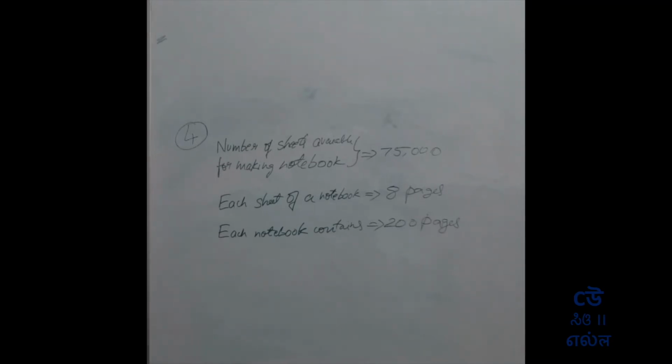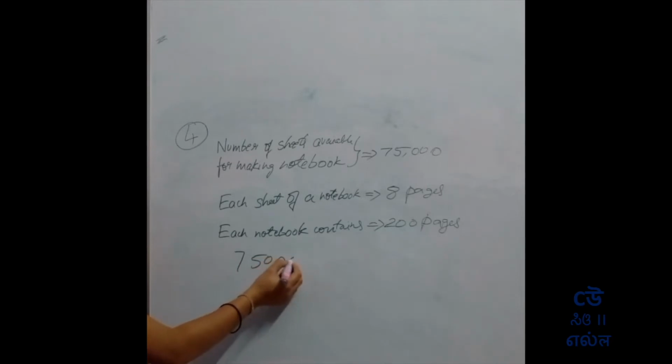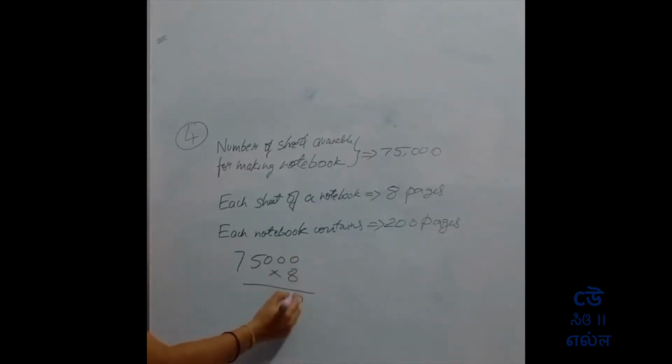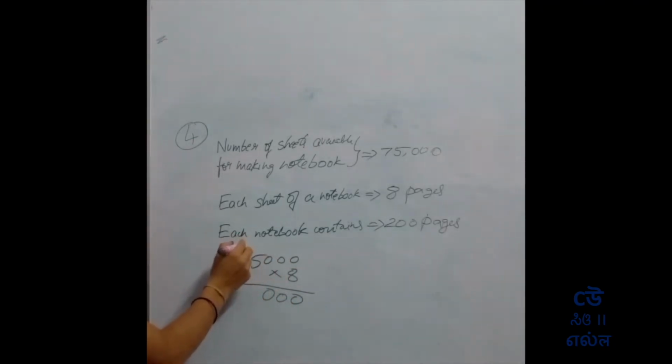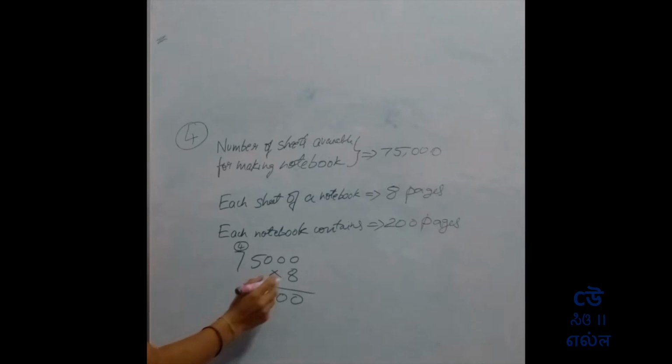So each sheet makes 8 pages means the number of sheets available for making notebooks and each sheet of the notebook, these can be multiplied. So 75,000 into 8. 8 zeros are 0, 8 zeros are 0, 8 zeros are 0, 8 fives are 40, 8 sevens are 56.